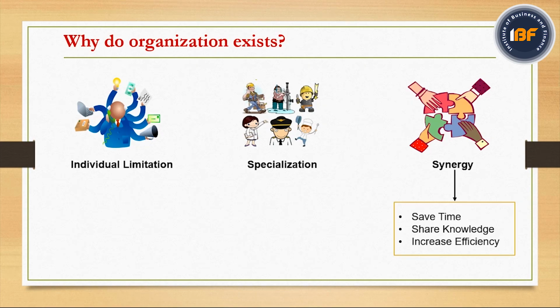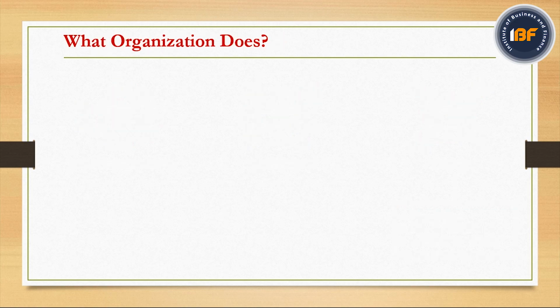So hope you understand why we need an organization and why organizations exist. Both questions are the same. Our third question is, what does an organization do? Basically, organizations do multiple things.